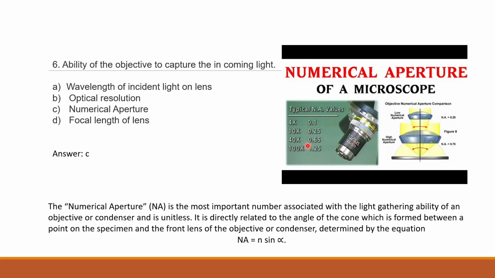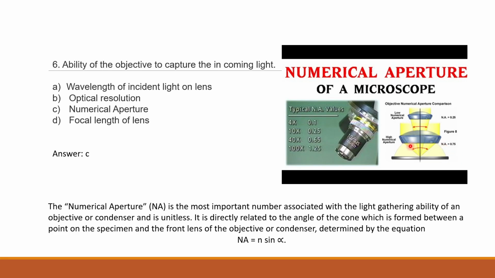Like in the next you can see that 40x objective has a numerical aperture of 0.65, and then 100x has a numerical aperture of 1.25. So as you see the magnification is increasing, you can see that the numerical aperture value also increases. So more the numerical aperture, more light it can gather.